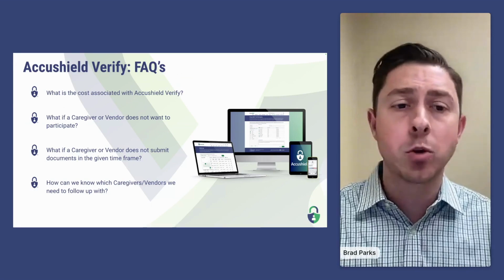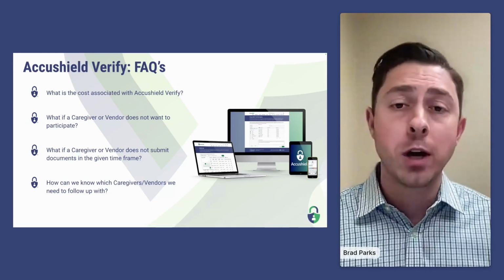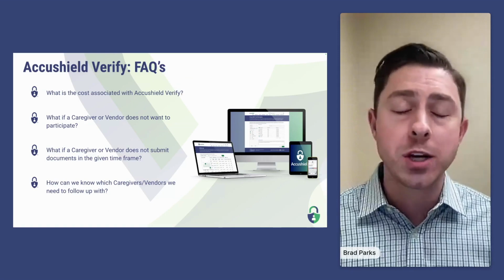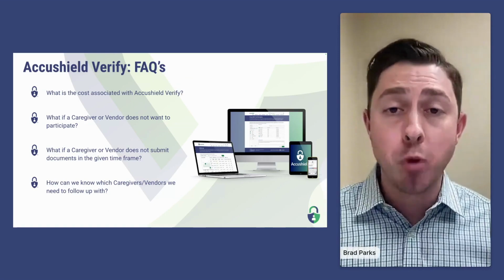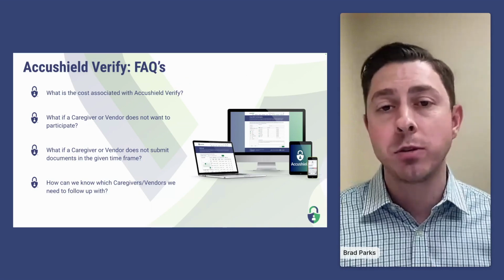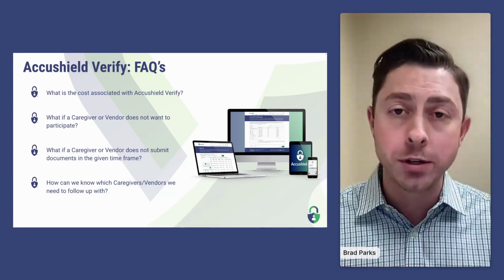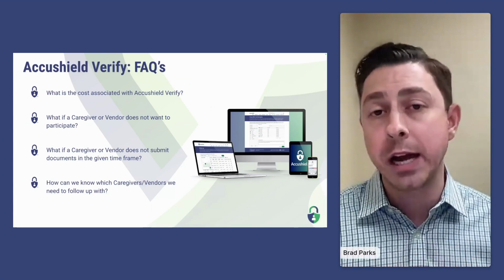And that bottom question there is, how can we know which caregivers or vendors we need to follow up with? And another great question. This is where you can utilize a report that is in the AccuShield dashboard. It's called dashboard.accushield.com. That's where you access it, and it'll be under reports and under the compliance report.